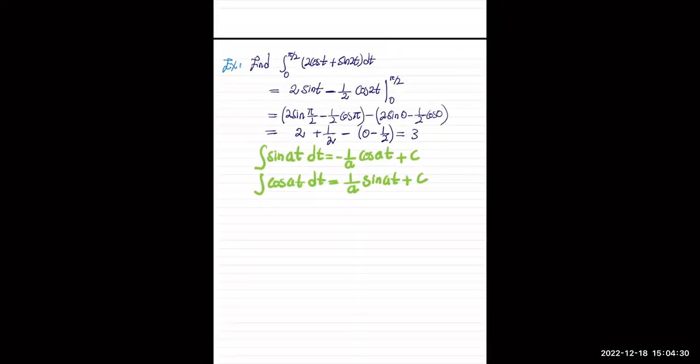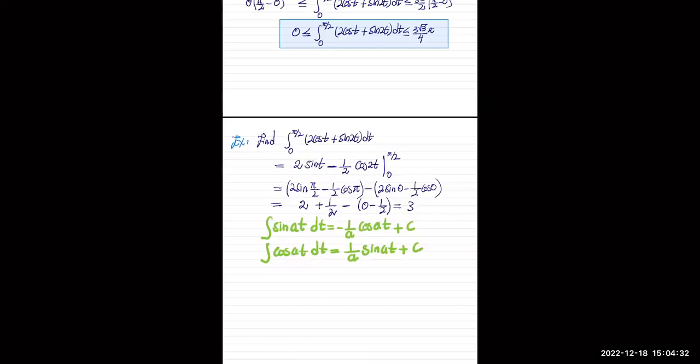And for sure, 3 should fall between these 2 endpoints. Yeah, it does. I mean, 3 is a number between 0 and whatever that is. I don't know the value of that. 3√3, let me see here.